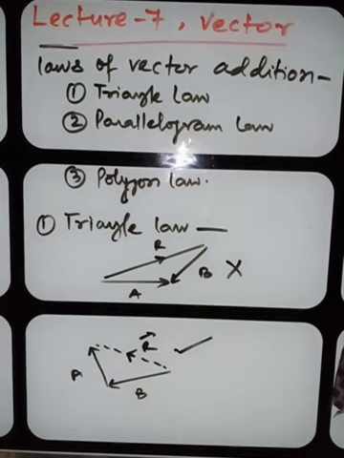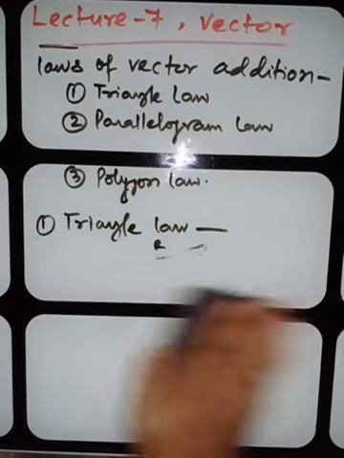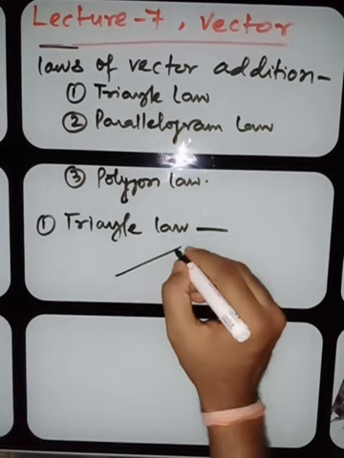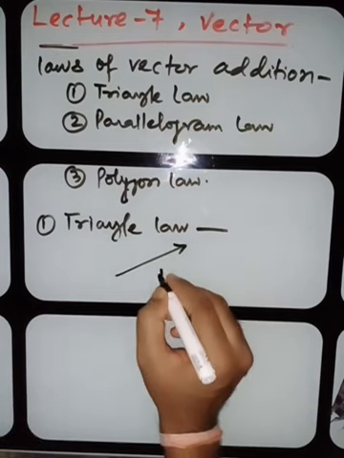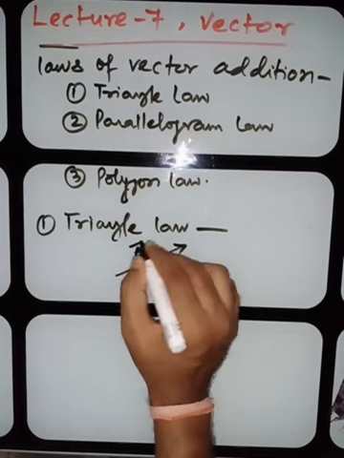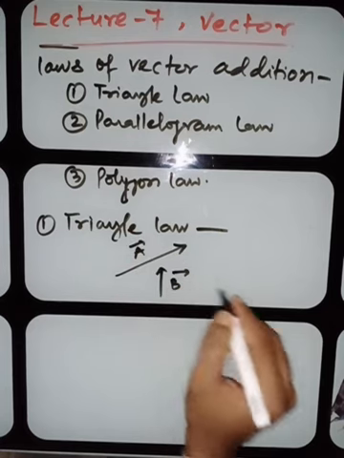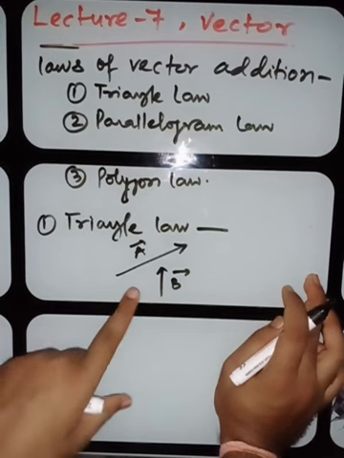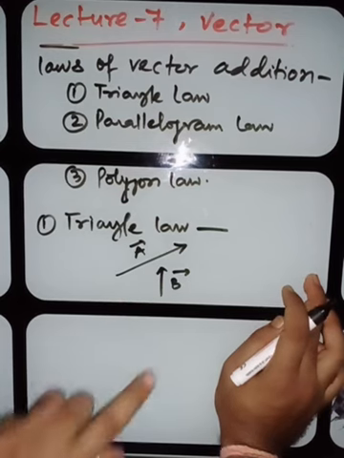Now I'm giving you two vectors. You have to add them using the triangle law of vector addition. I've given a vector here and here. This is A and this is B, and I'm telling you to put these two vectors together to form a triangle using the triangle law.